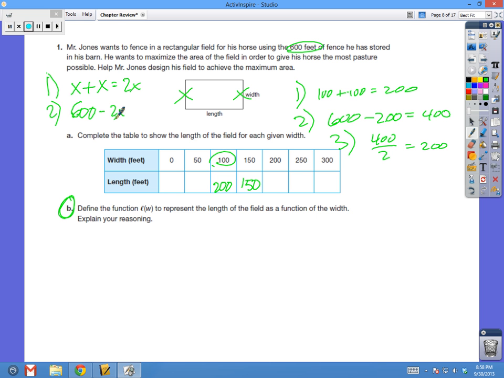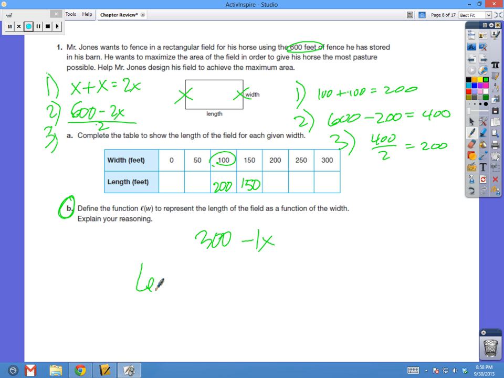But step number 3, let's cut that in half, and you can actually cut each of those terms in half. 600 divided by 2 is going to be 300, and then negative 2x divided by 2 is going to be negative 1x. So right there is my formula.